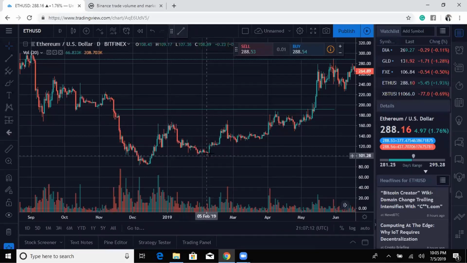And if you took a long position from this point, you should have really gotten ready to sell here, because this is actually the point where sellers are selling.